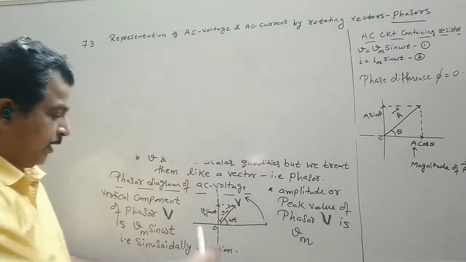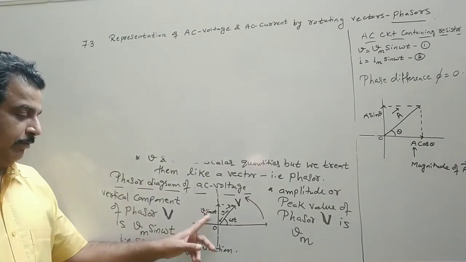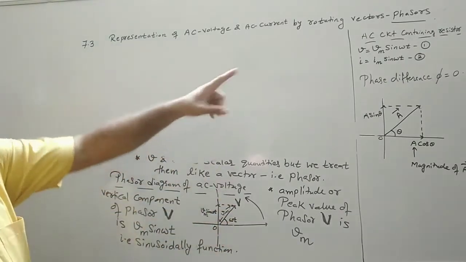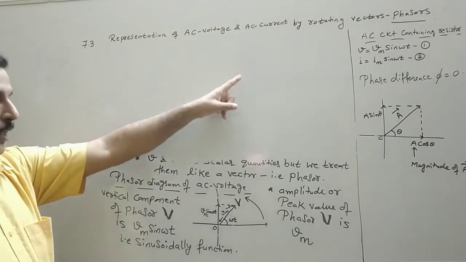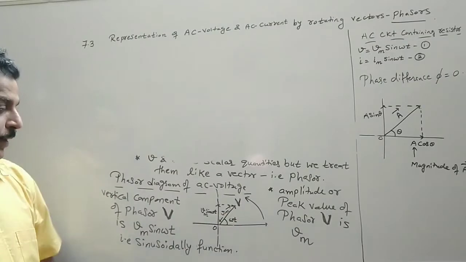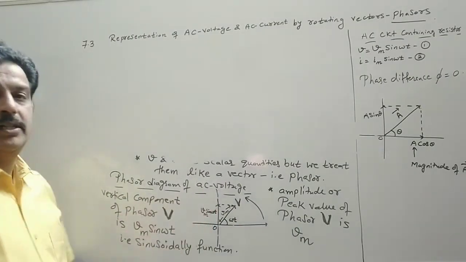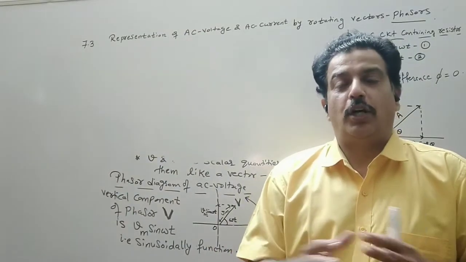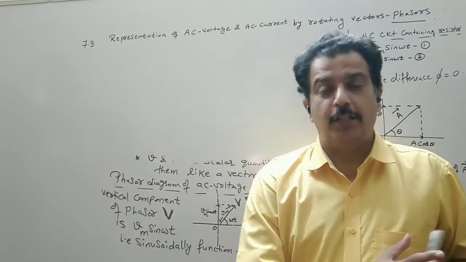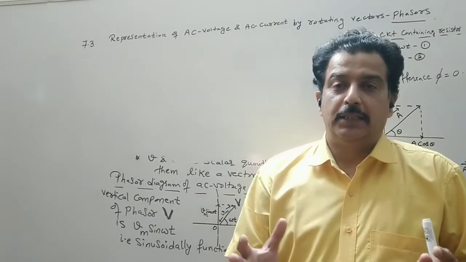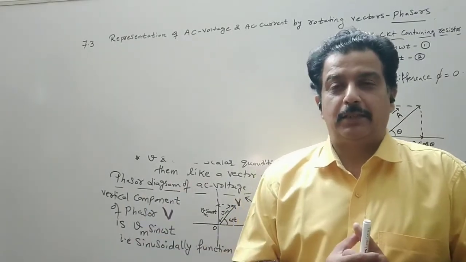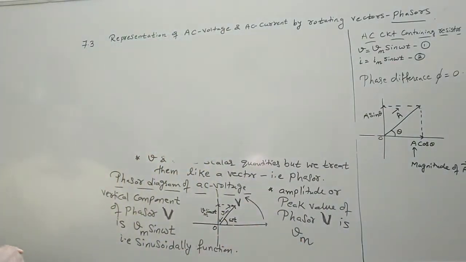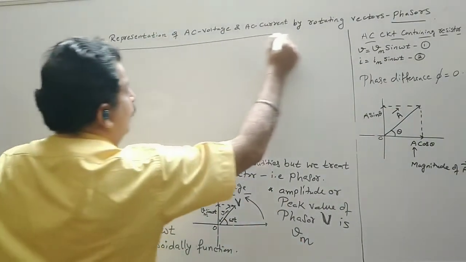So whenever we make components, the vertical component is sine and the horizontal component is cosine. We have to see the equation, and accordingly we will make a diagram. So this was a phasor diagram of AC voltage. Similarly, we can draw a phasor diagram of AC current also separately, but we have to combine both diagrams to understand what is the phase difference between the current and the voltage.